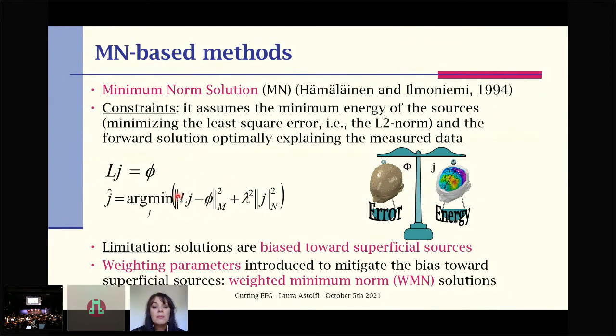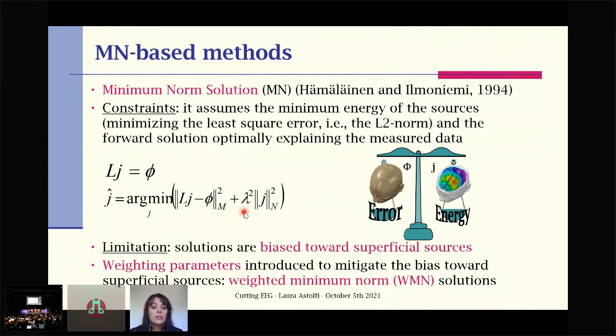So we want to minimize this because we want the forward solution to be respected, but we also need the second constraint, which can be, like in this example, the minimization of the least square error, the L2 norm, which means that we select the distribution of sources that minimizes the energy of the sources. So it's a balance between the forward problem and the minimization of the energy. There's also a regularization parameter that allows to obtain solutions which are physiologically plausible.